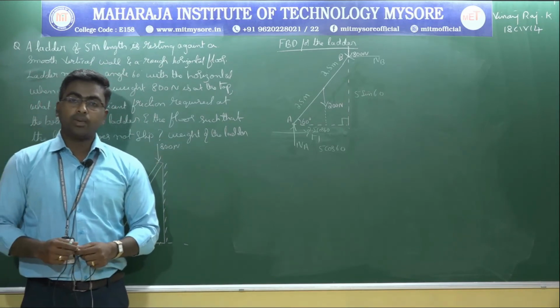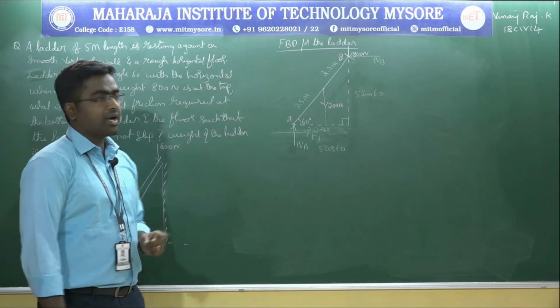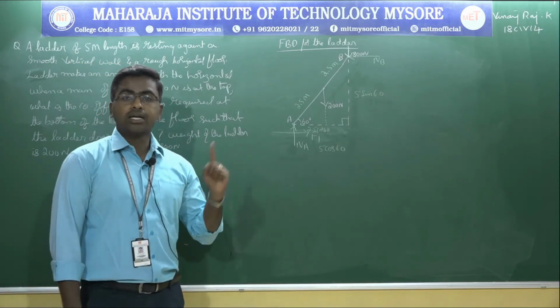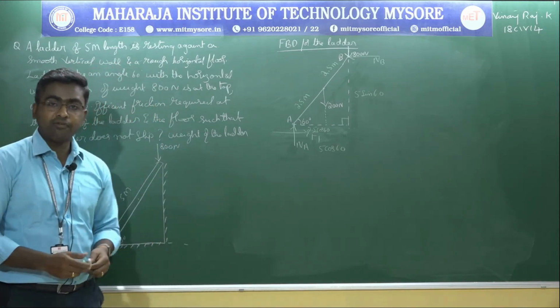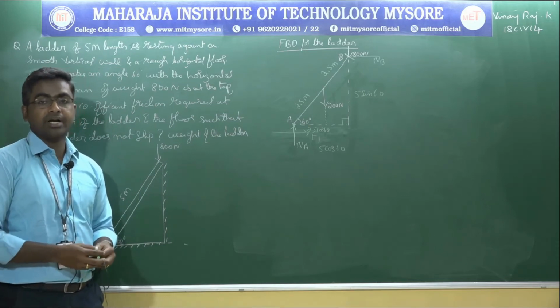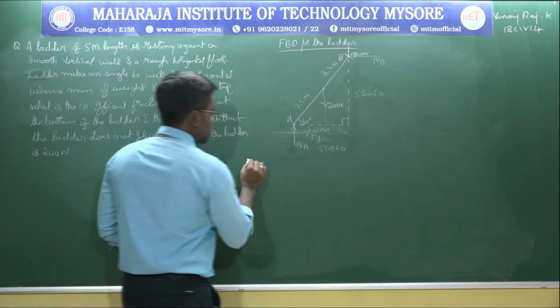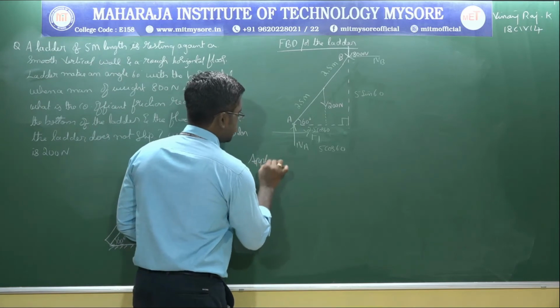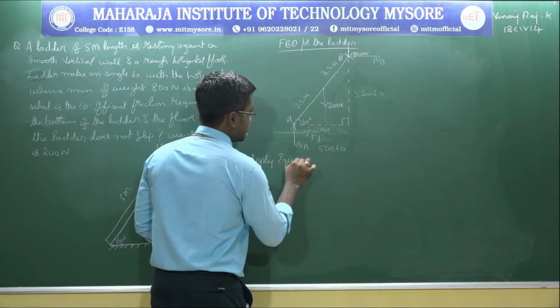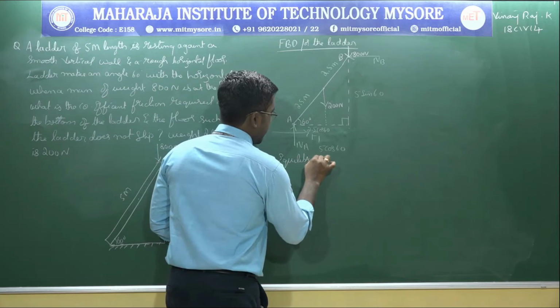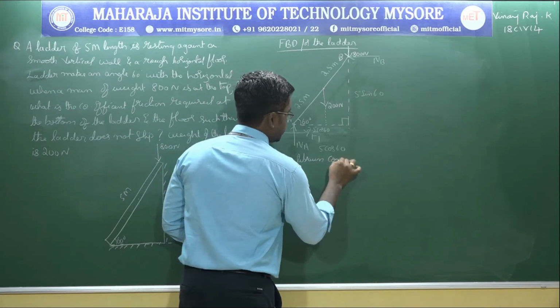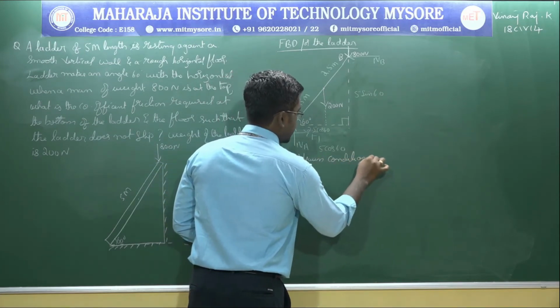Now let us apply the equilibrium conditions. This free body diagram is a non-concurrent system, so I have to apply 3 equilibrium conditions.